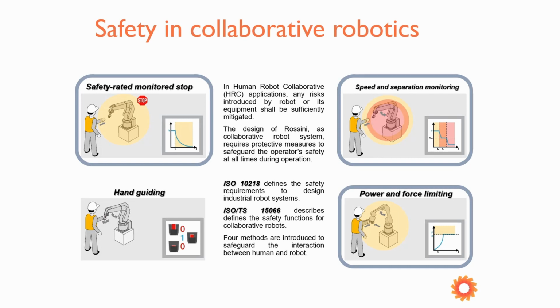And another modality that we can use is the power and force limiting. This one can be used, for example, if we have a collaborative robot, so we have the ability to switch the robot to a collaborative mode. In that case, a collision can happen, but it will not be hazardous for the human, basically because the force is limited.